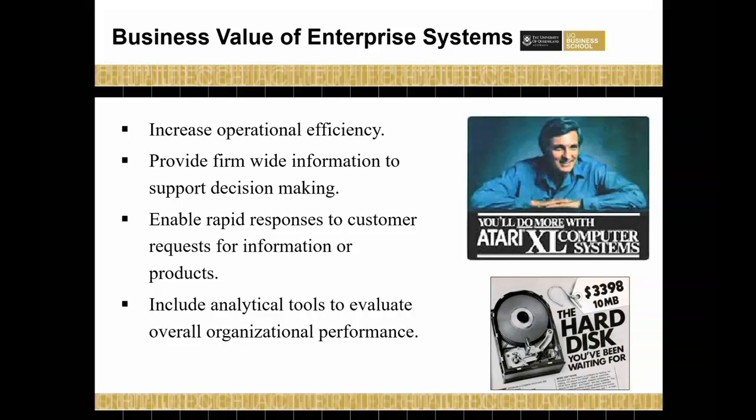So the information is always up to date, and it points to areas where the company needs to take action to address it. With customer requests for information on products, you can respond much faster to the customer and ensure either customer service repair or continuous delivery of high quality services.